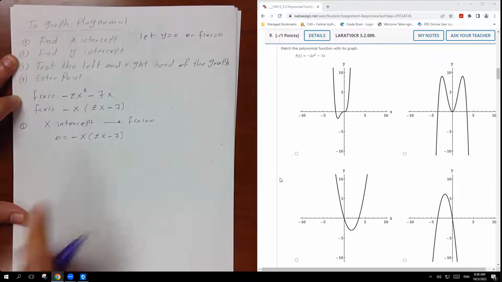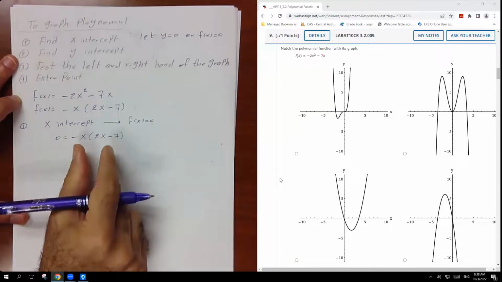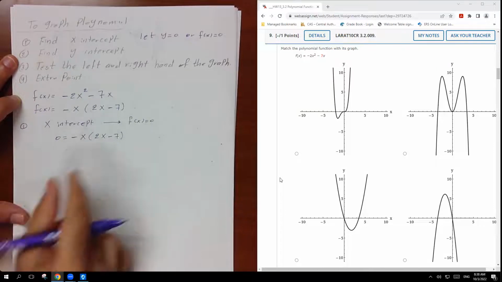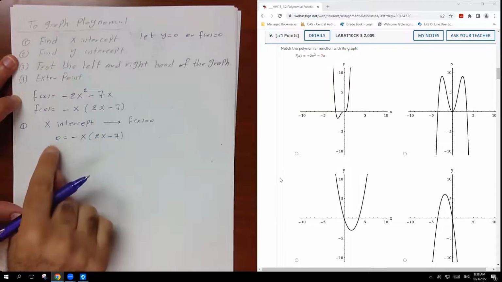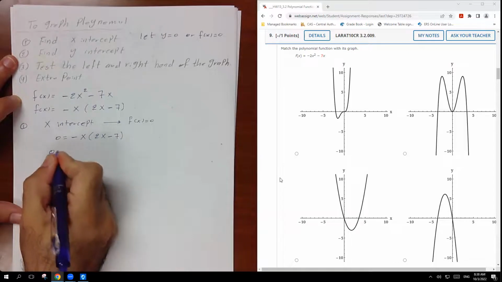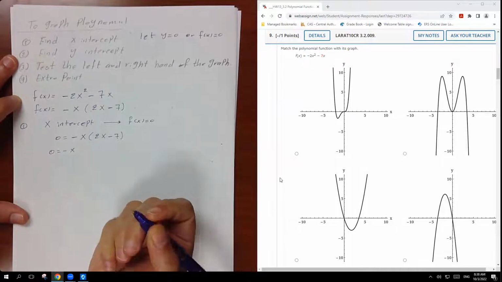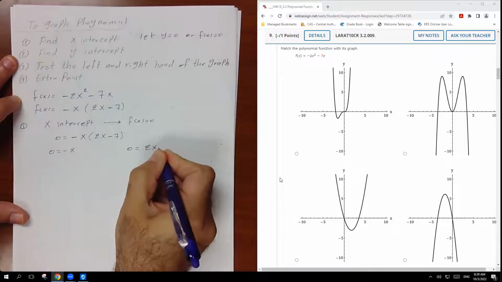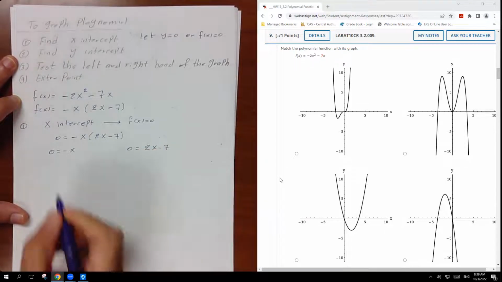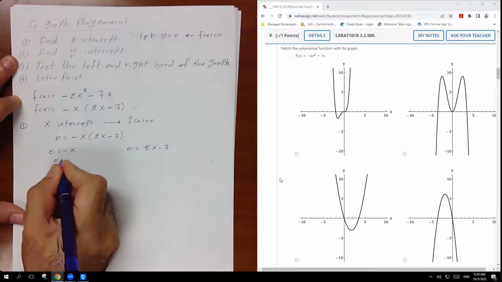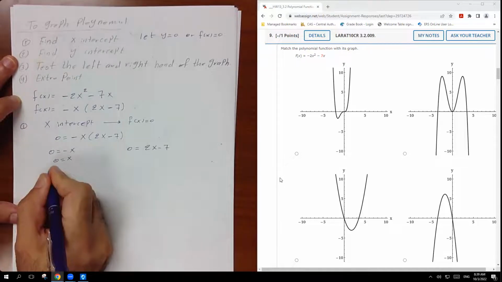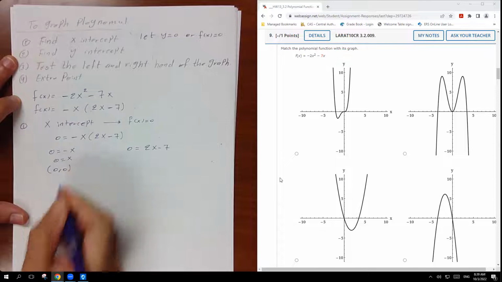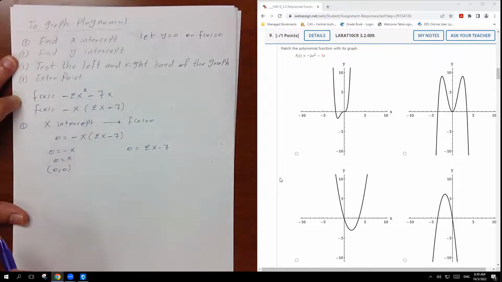Then the next step, I need to solve this by using the zero factor theorem. Two parts equal 0. That means 0 equals negative x, and 0 equals 2x minus 7. 0 equals negative x means x equals 0. So the first x-intercept: x is 0, y is 0.